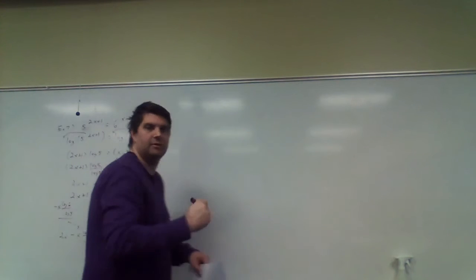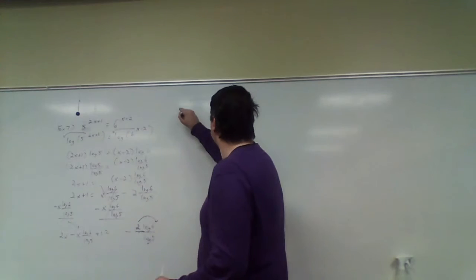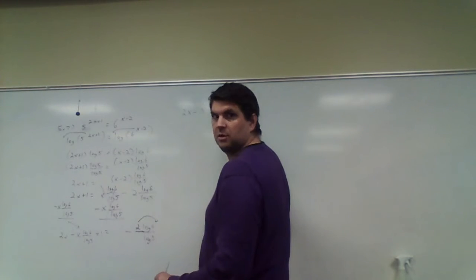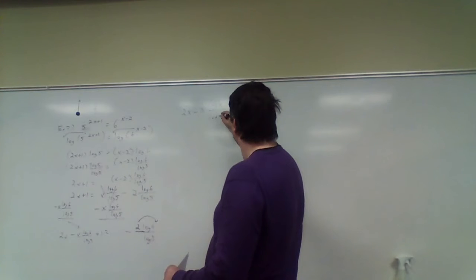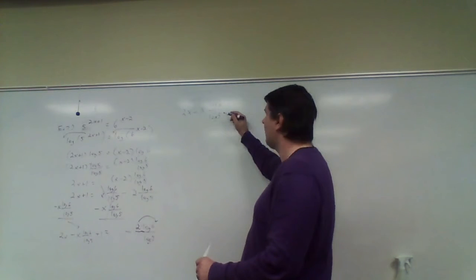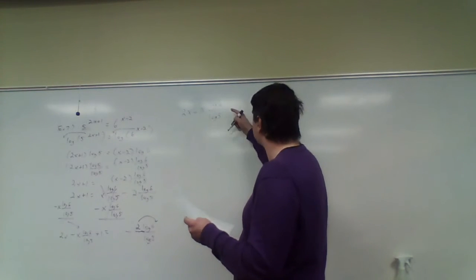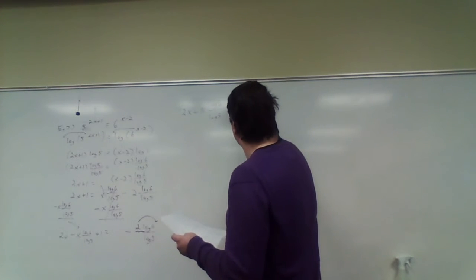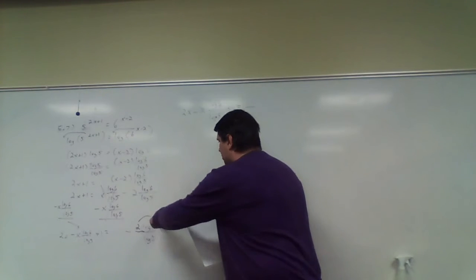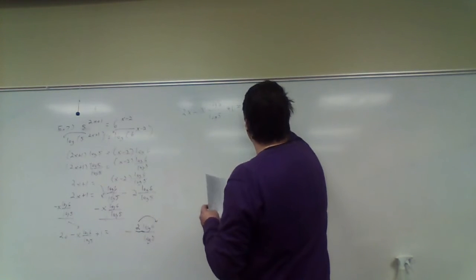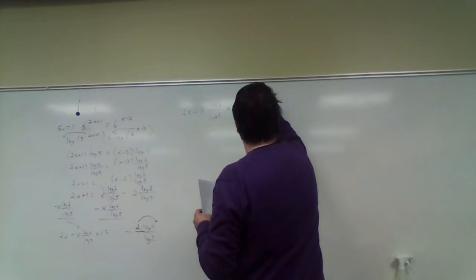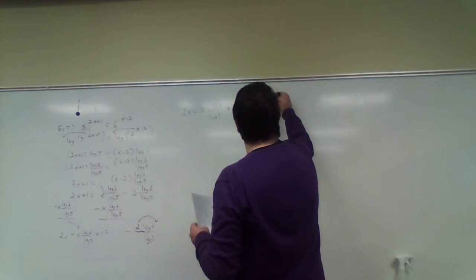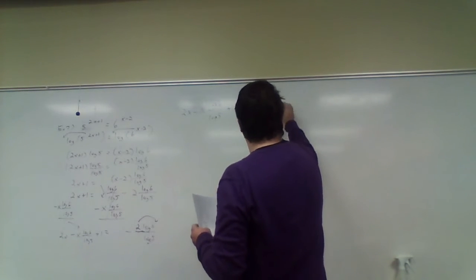So now you would have 2x minus x log 6 over log 5 equals negative, and that 2 goes up in the exponent, so log of 6 squared over log of 5.